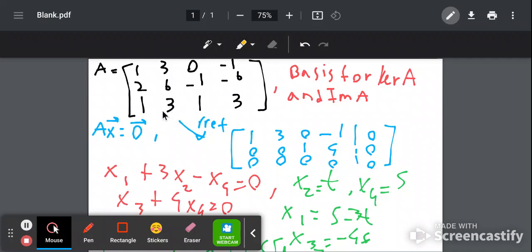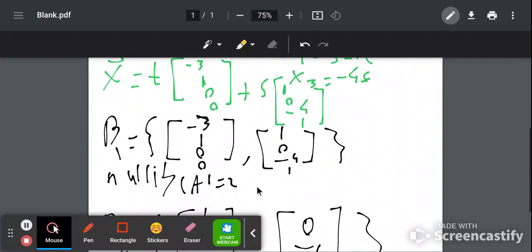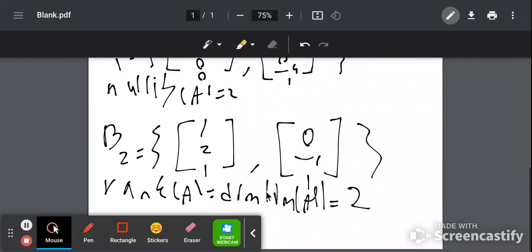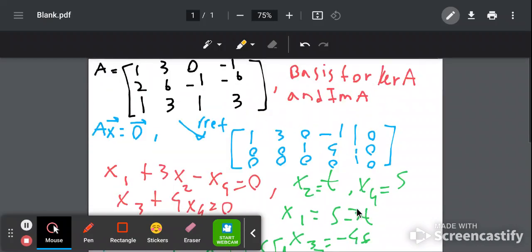The original matrix is a 3x4 matrix, so it's an m by n matrix, so the dimension of the domain is n, which is 4. And in fact, if we add the nullity 2 to the dimension of the image, the rank, 2 plus 2 is 4, which is also equal to the dimension of the domain.